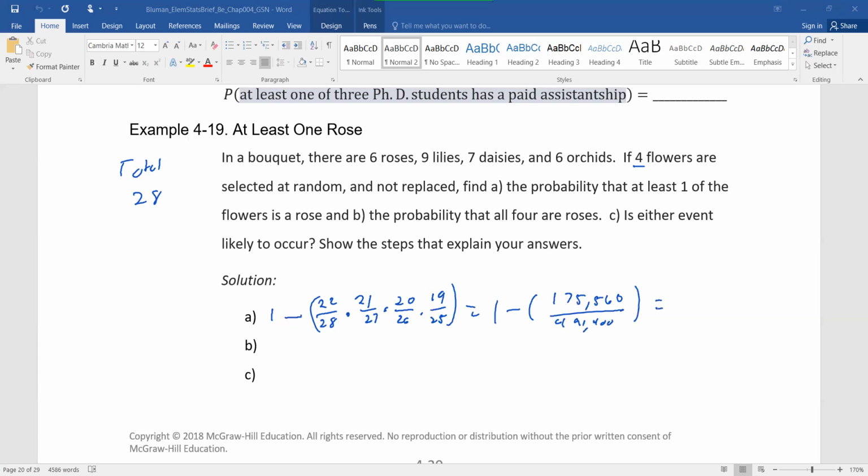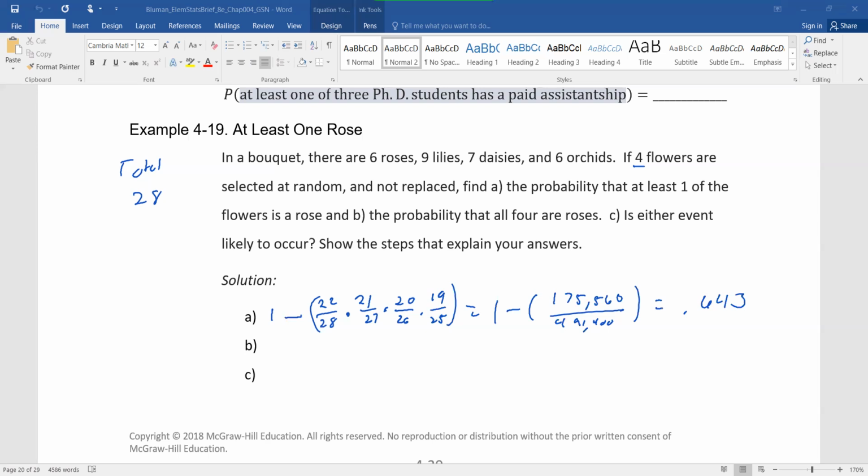All right, then I got to figure out what 175,560 divided by 491,400 is. Yep. Oh, I could just do this minus 1, but it'd be a positive. So 0.643. Right. So the probability that you get at least a rose would be 64.3%.